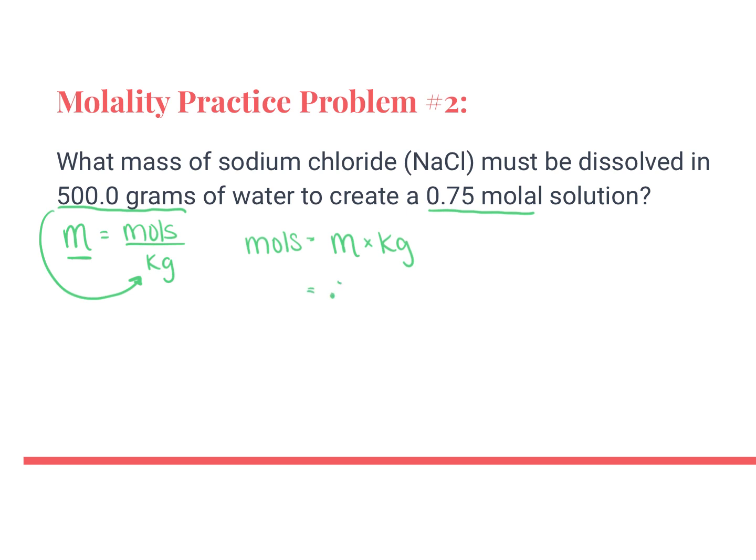Okay, so now I'm going to plug in the 0.75. And remember, molality is moles divided by kilograms, which I'm just going to write the units so you can see how they cancel. Okay. And then 500 grams becomes how many kilograms? Okay, so it becomes 0.5000 kilograms.